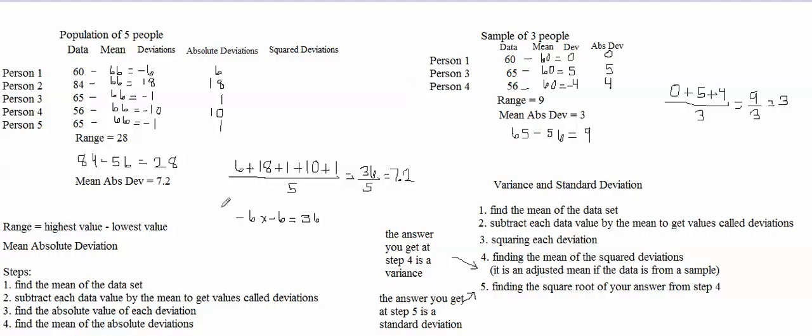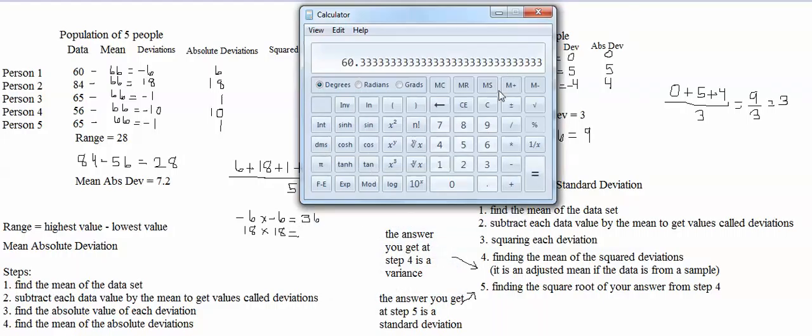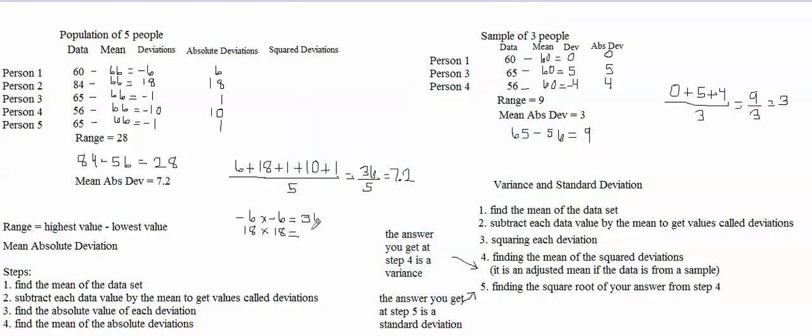Let's now do it with 18. 18 squared is 18 times 18. So just multiplying each deviation by itself, we get 324.